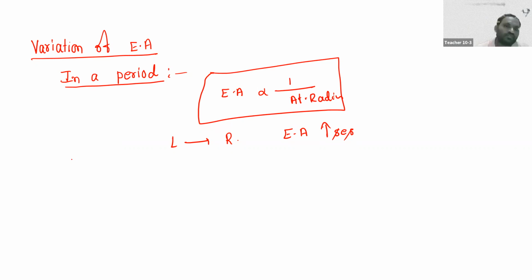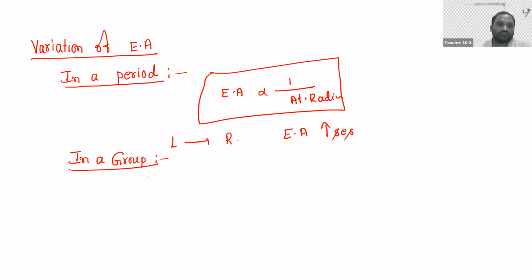Next one, in a group, electron affinity decreases because size increases.